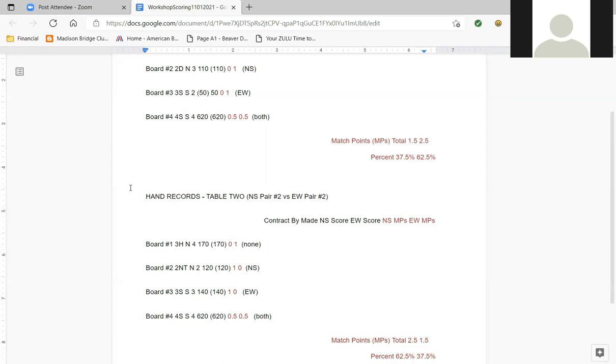East-west at table 1 gets 1 master point because their negative score of 110 is better than a negative score of 120 that east-west at table 2 ended up with, right? So on board 2, the east-west pair at table 1 won the competition.